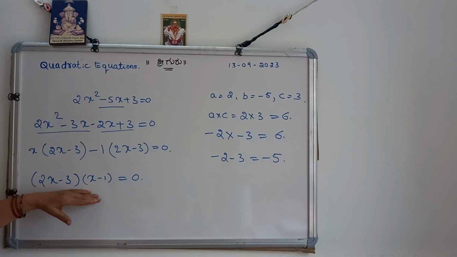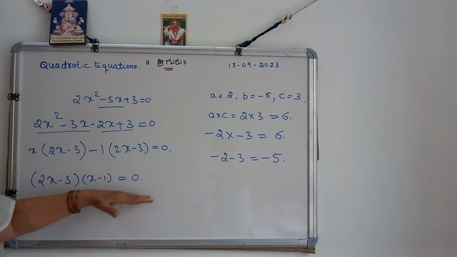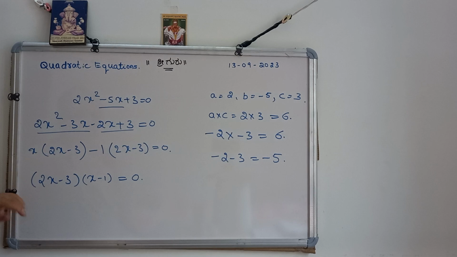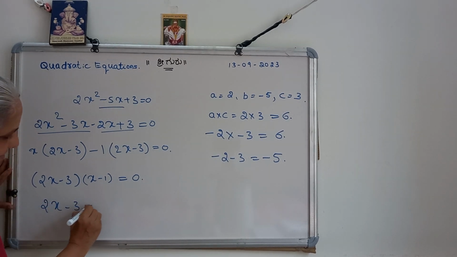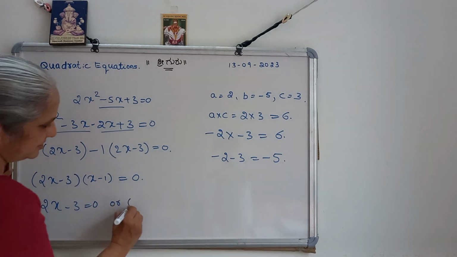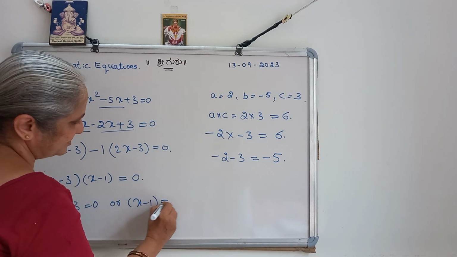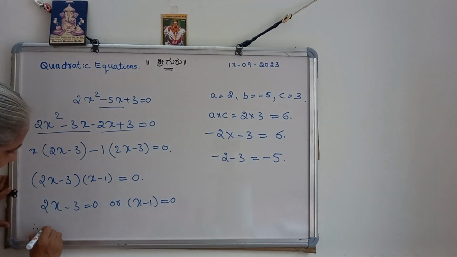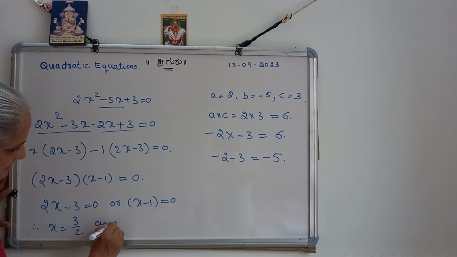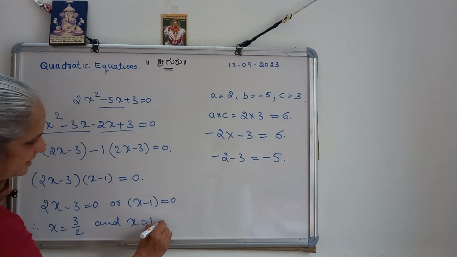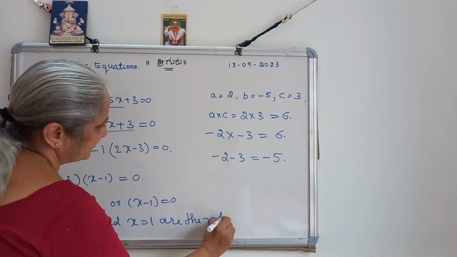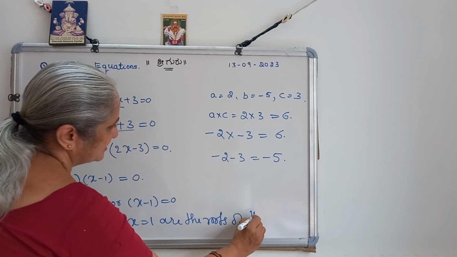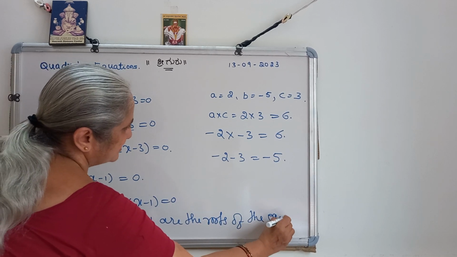These linear factors are equated to 0 to get the roots of the equation. 2x minus 3 is equal to 0 or x minus 1 is equal to 0. Therefore, x is equal to 3 by 2 and x is equal to 1 are the roots of the equation.